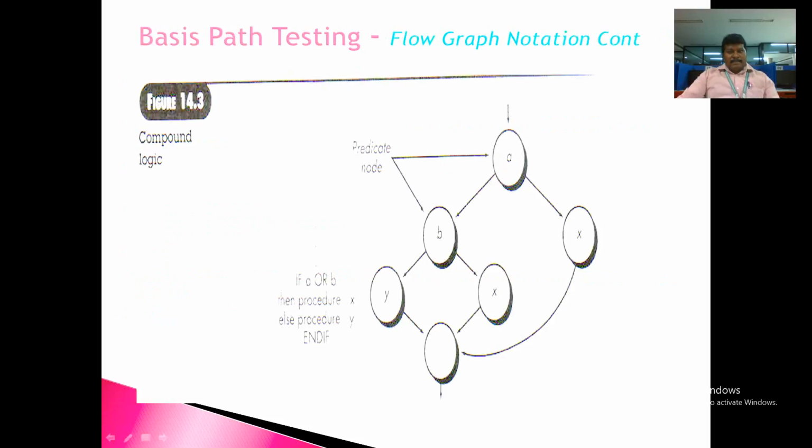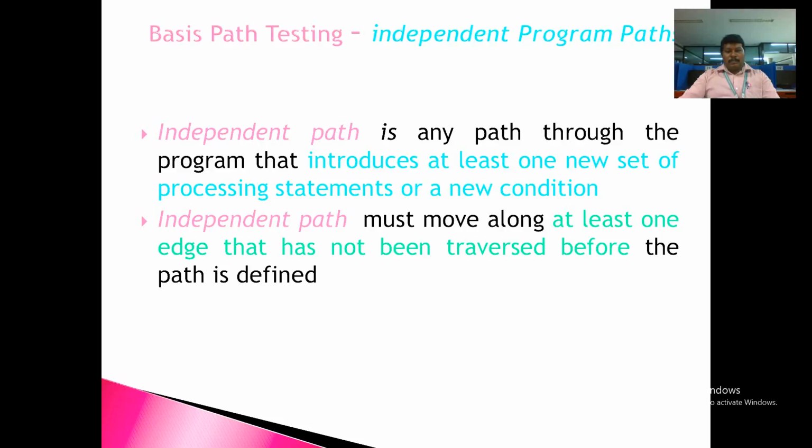Consider this notation. Nodes A and B become predicate nodes because these two have the decision that introduces at least one new set of processing statements or new condition. An independent path must move along at least one edge that has not been traversed before. These are the preconditions for an independent path.